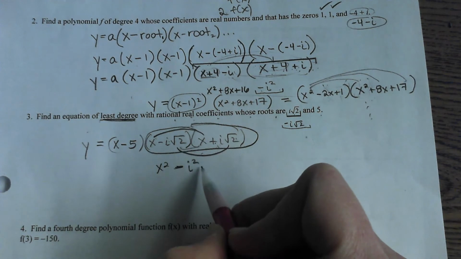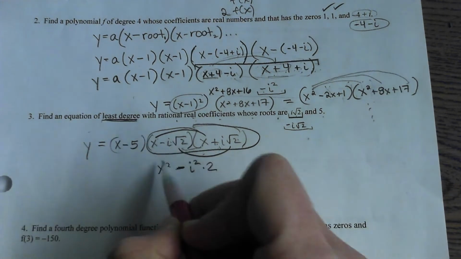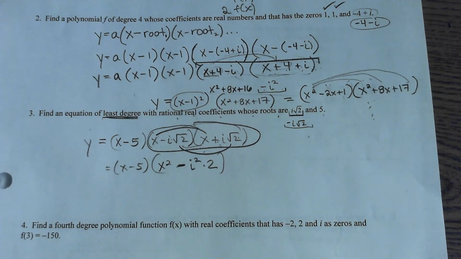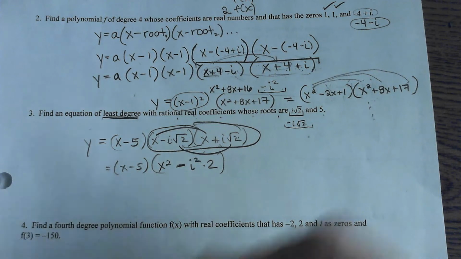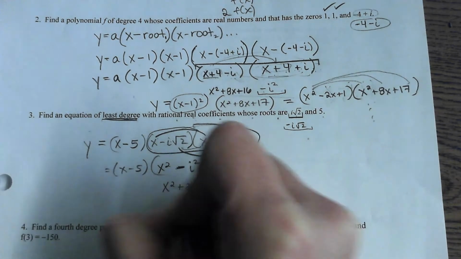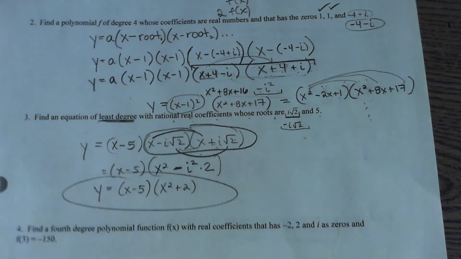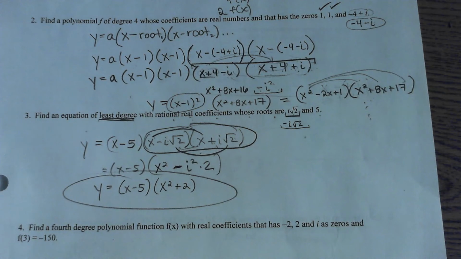Root 2 times root 2 is 2. But i squared is negative 1, right? So this is what you were trying to do all in your head. Negative 1 times 2, with the negative in front, is going to be positive 1 times 2. So that's just going to turn into x squared plus 2. This one doesn't say polynomial form, so I'm not going to do any more work than I have to. I would leave that as my final answer.